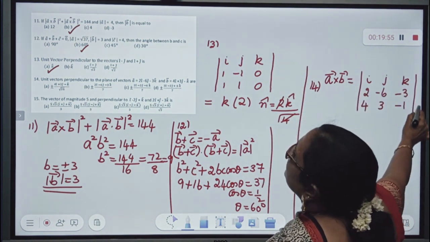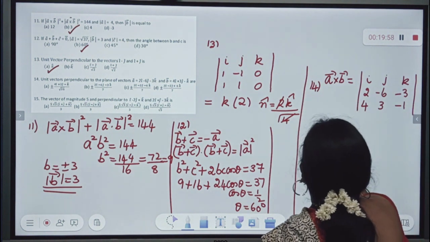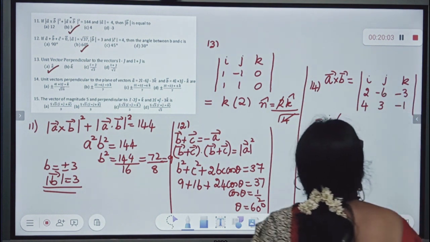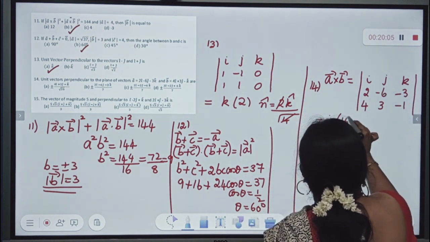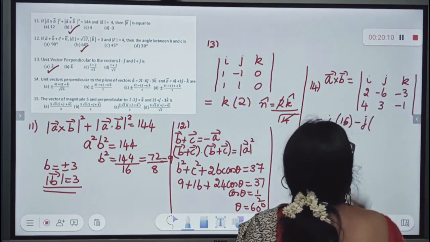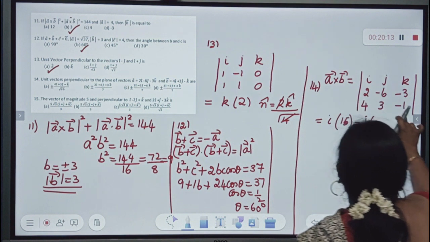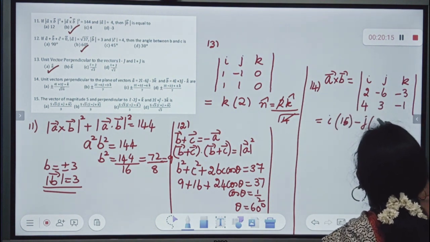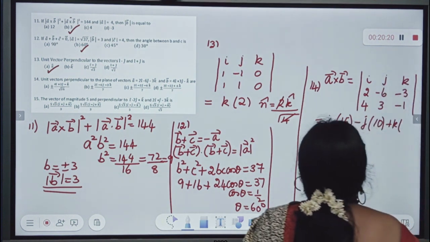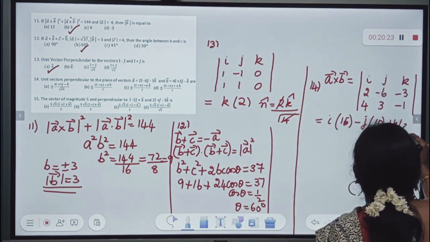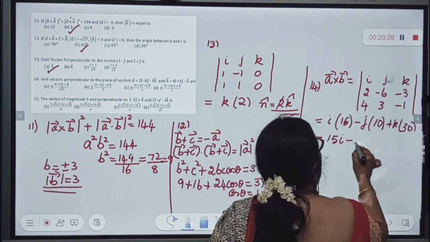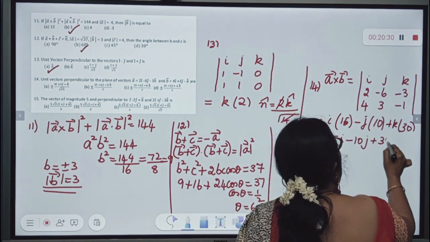Now this will be i into, leaving out that column and row, 6 plus 9 which is 15, minus j into minus 2 plus 12 which is 10, plus k into 6 plus 24 which is 30. So this is 15i minus 10j plus 30k.